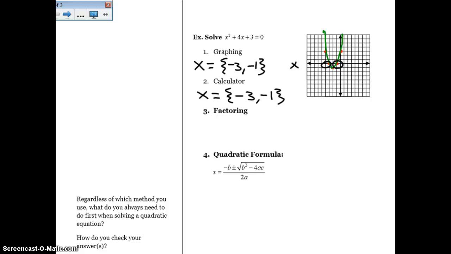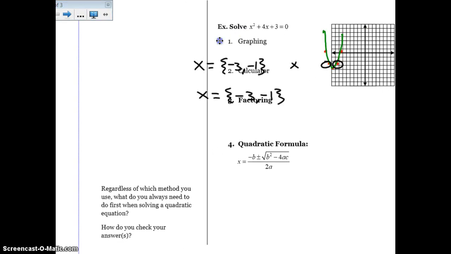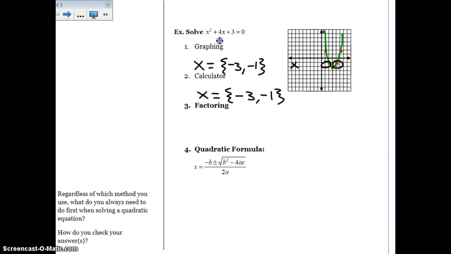So we've seen trinomials like x squared plus 4x plus 3 plenty of times, and we factored them last unit. A trinomial like x squared plus 4x plus 3 will factor to be a binomial times a binomial.